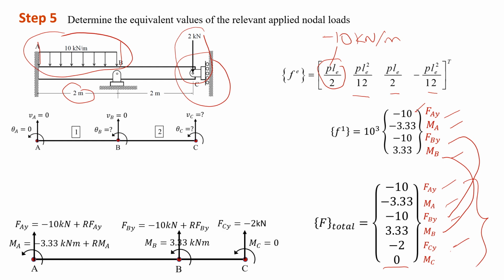But please note that at point A, as it has been a fixed joint, it will have a reaction force in y direction as well as moment reaction. While at point B, it's a pin support, so it only has reaction in y direction.